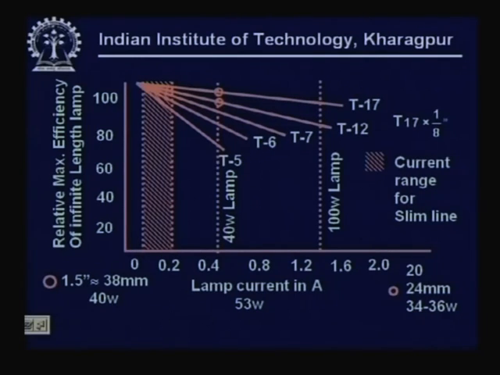Now, you do find 38 mm or 1.5 inches is a normal lamp which we have been using, and they are known to consume 40 watts. Now, here I must caution that this 40 watts is the power consumed within the fluorescent lamp or the tube. It has accessories.